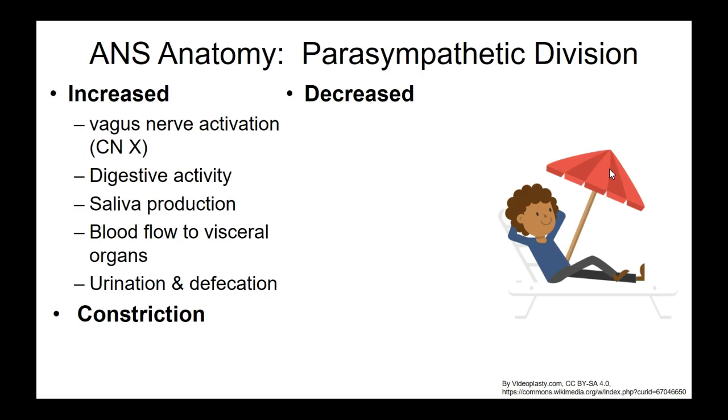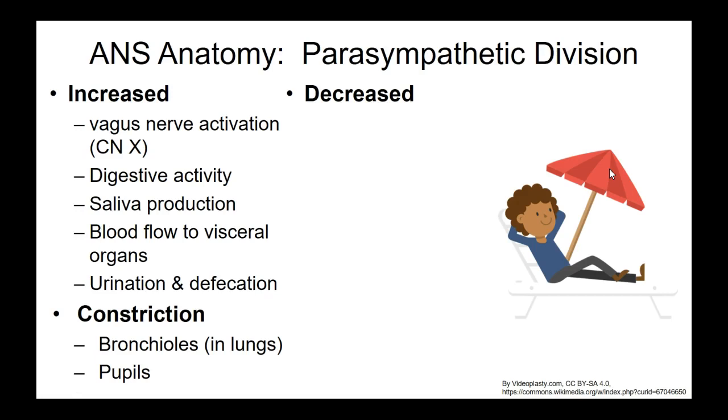So vagus nerve is a major parasympathetic nerve that gets activated to control a lot of these things. All right? Now here, when you're resting and digesting, what gets constricted? So do you need a lot of airflow to your lungs if you're resting and digesting? No. So what happens to the diameter of bronchioles? They shrink. Okay? Now if you're out hiking and you see a bear, right?